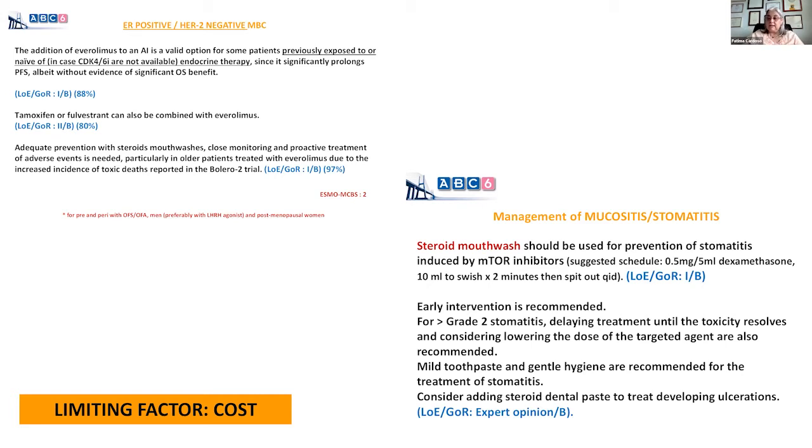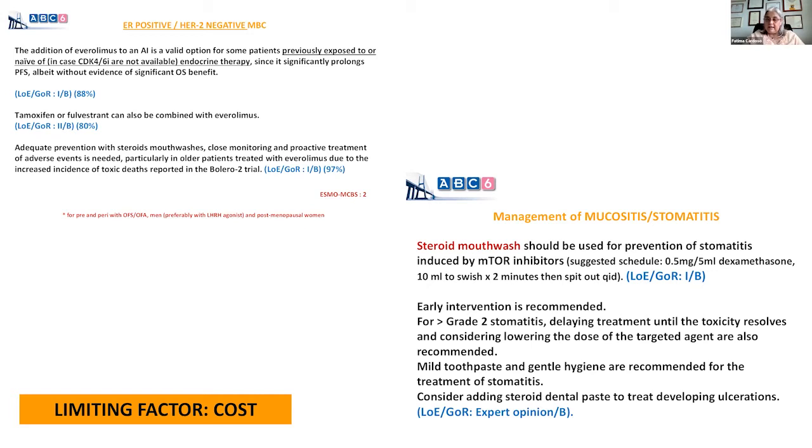So one of the side effects is mucositis, so sore mouth. And we have found out later that we can prevent this by using a specific mouthwash with steroids. And if we do this, the everolimus is much, much better tolerated.